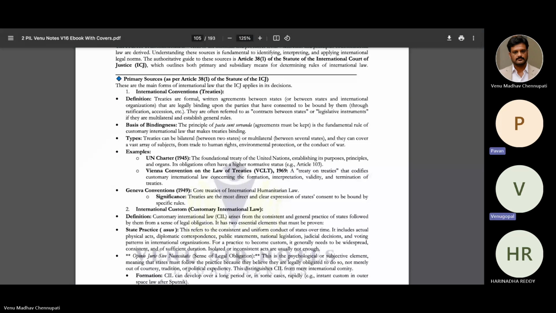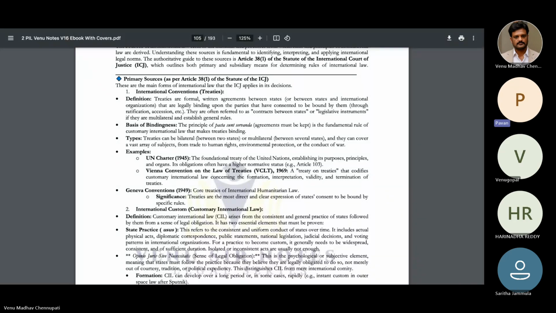So this is about the Vienna Convention law, which is one of the important treaties in the world. Geneva Conventions 1949, core treaties of international humanitarian law. Significance. Treaties are the most direct and clear expression of states' consent to be bound by specific rules.